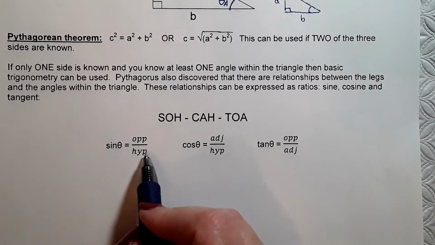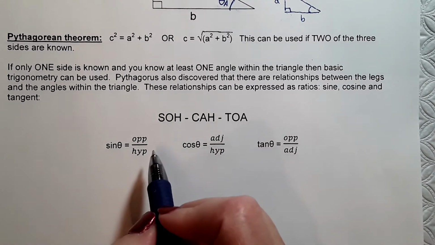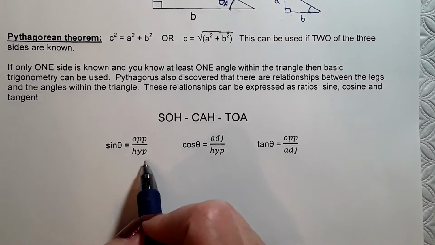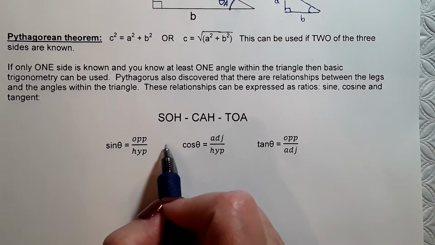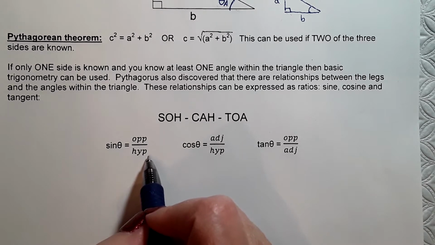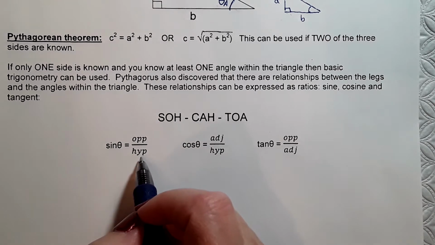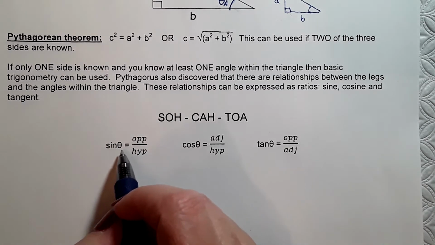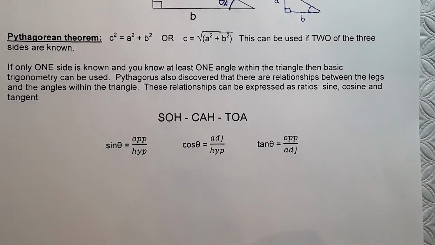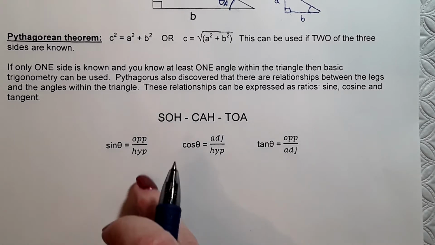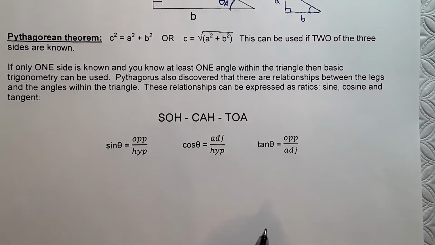So if you knew the angle and the hypotenuse, you could look up the sine of that angle, set this ratio equal to that decimal value, and solve for the unknown side. Likewise, if you know the two legs, you could look up the sine of the decimal and see what angle it goes with. That's what we call the inverse function when you do it backwards. Look up the angle instead of the ratio.